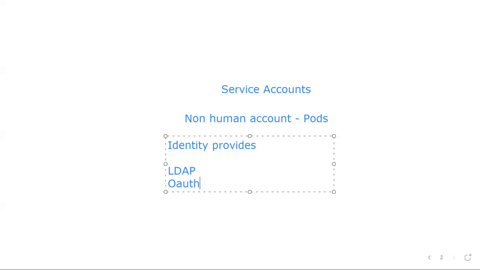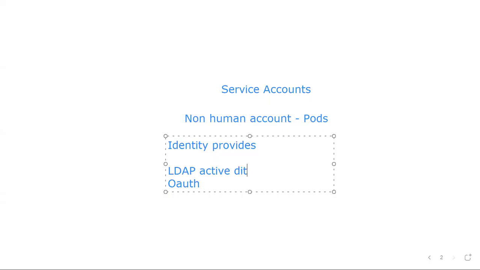There's basically authentication and authorization. Role binding and cluster role are authorization. Authentication is when you log into the OCP console, you will use LDAP. LDAP is nothing but your Active Directory.